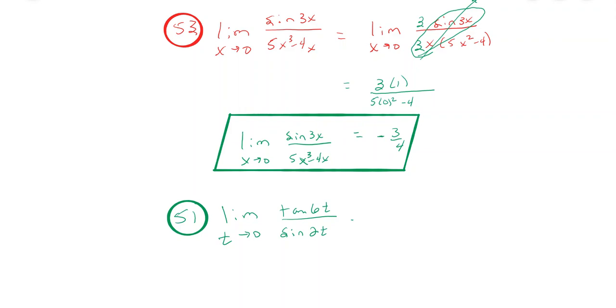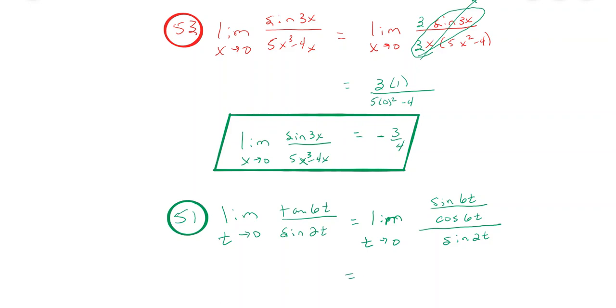So if we break this down into sine and cosines like you do for proofs, this sine of 2t does not cancel into sine of 6t. It may look like we do this at the end, but that's really not what's going on.